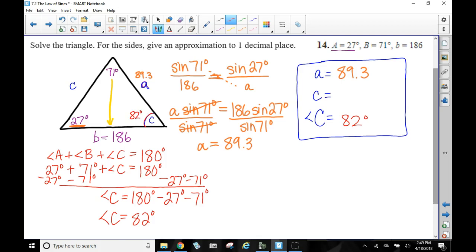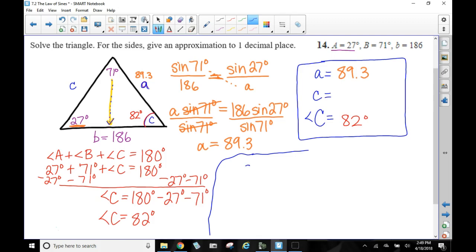Now, the last thing we need to do is find the measure of side C. For side C, we're going to set up another law of sines. I'm still going to use the pair that was given to me here.